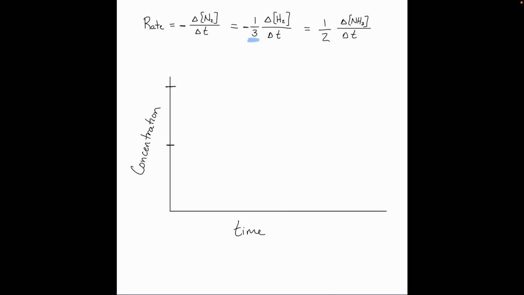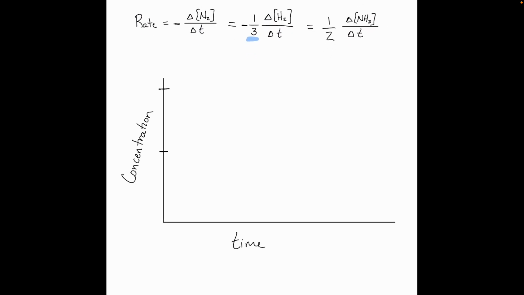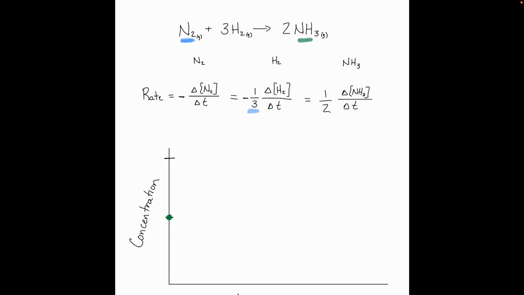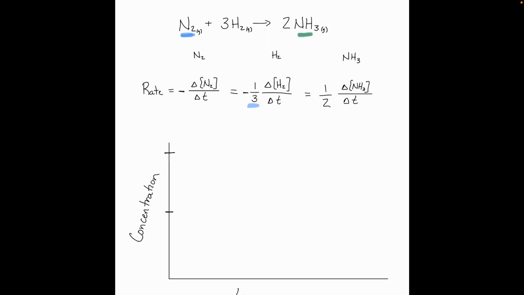All right. So I'm going to start out, whoops, I lied. I'm going to use blue for my nitrogen gas concentration and green for my product, my ammonia concentration.